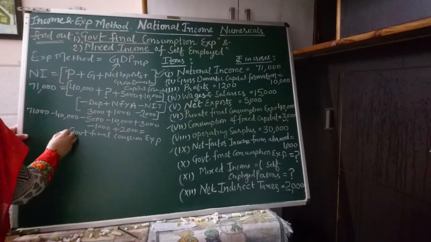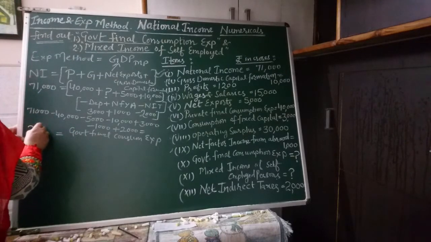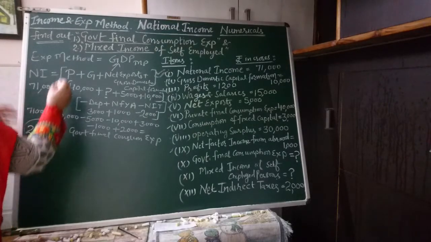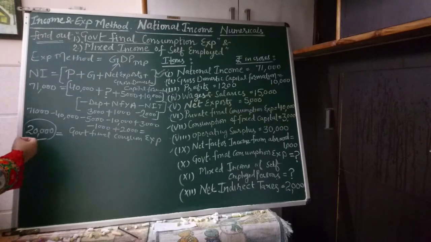So this would be equivalent to 20,000. So 20,000 will be the answer of government final consumption expenditure.